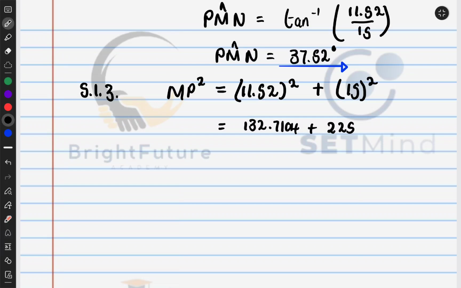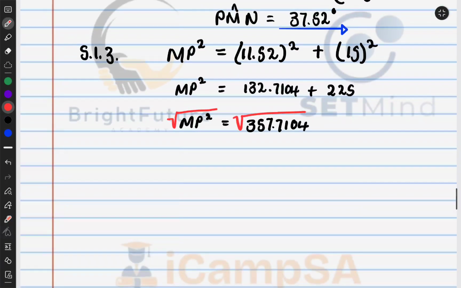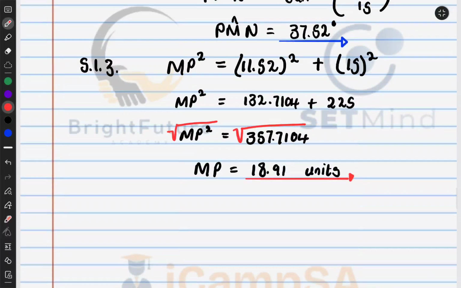Then you add those and you get 357.7104, and this is MP squared. At this point, you introduce the square root. Therefore MP is equal to the square root of 357.7104. The answer is 18.91 units. That's the length of MP, 18.91 units.